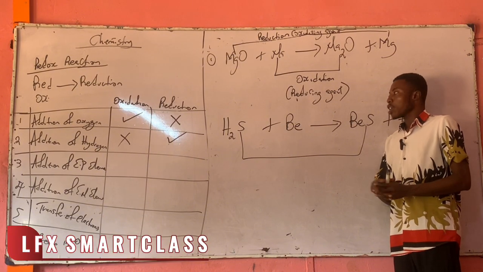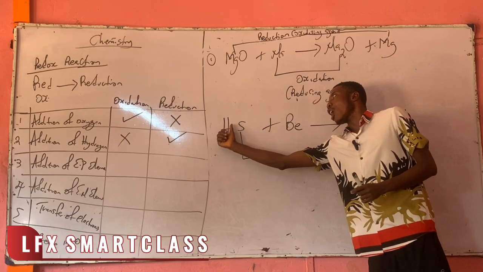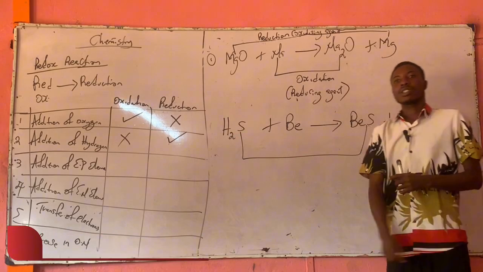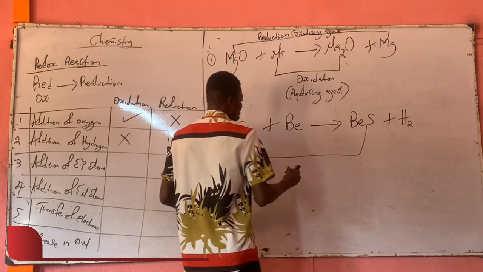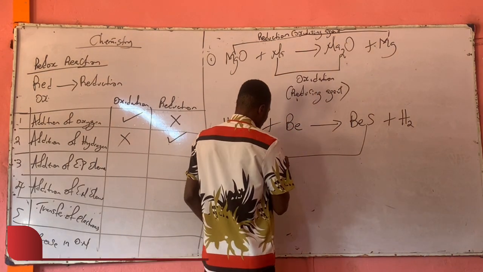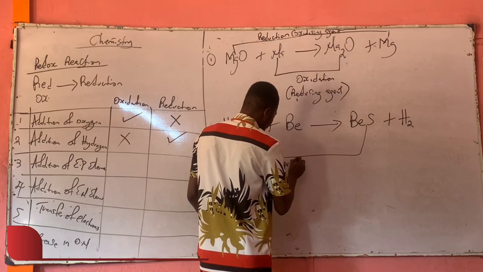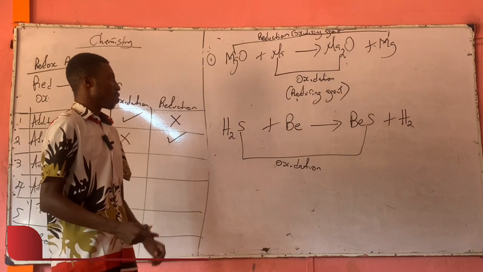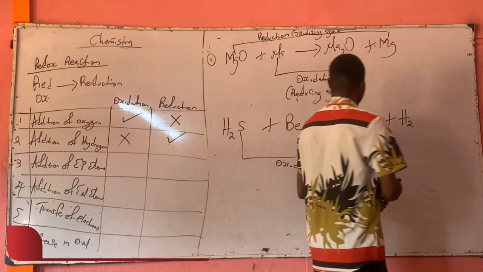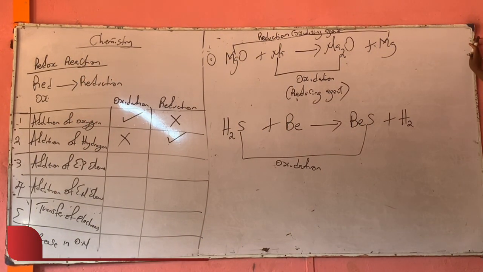Oxidation, because there was a removal of hydrogen. Because of the removal of hydrogen, what's happening here is oxidation, right? Now, where did the reduction happen?